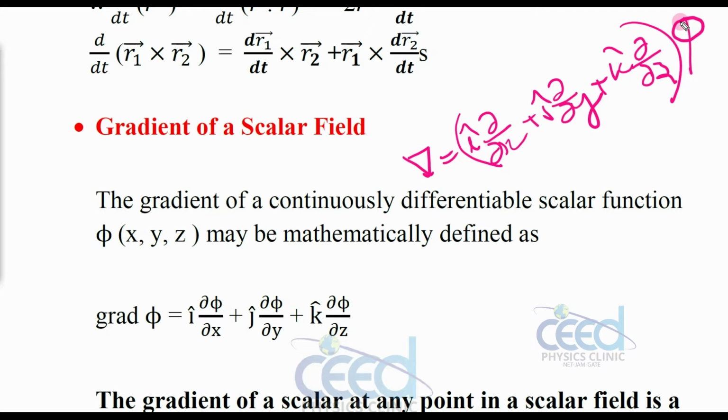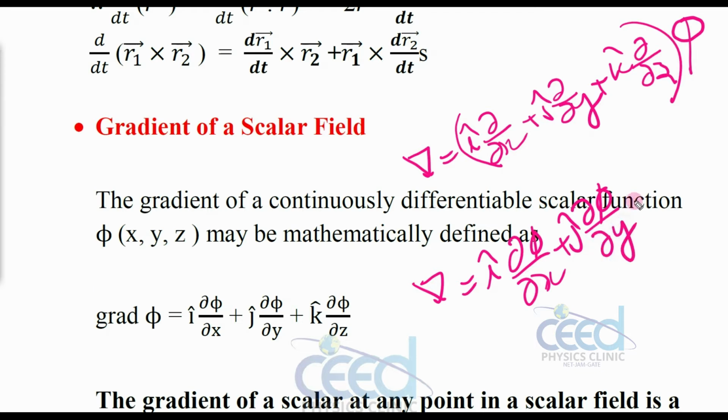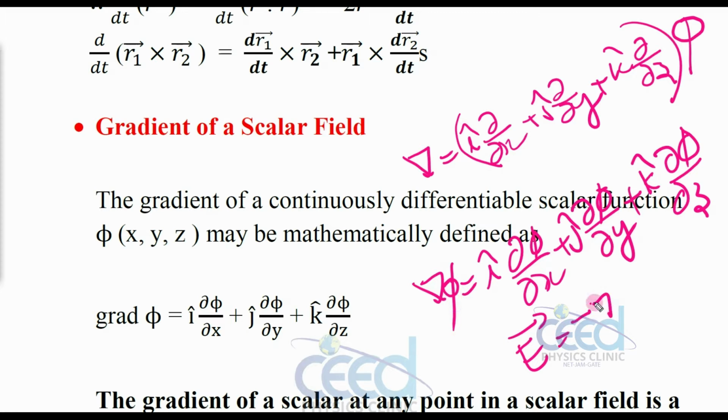I can write this as i cap dou phi by dou x plus j cap dou phi by dou y plus k cap dou phi by dou z. What is the physical meaning of this? You have seen a familiar formula in electrodynamics: electric field is the negative gradient of potential, that is del phi.